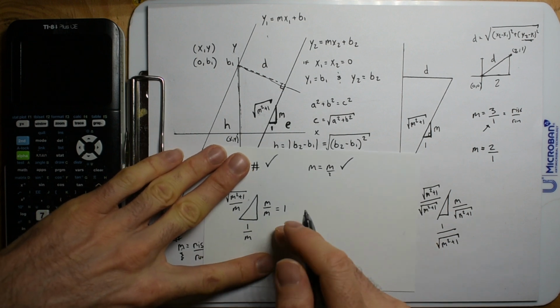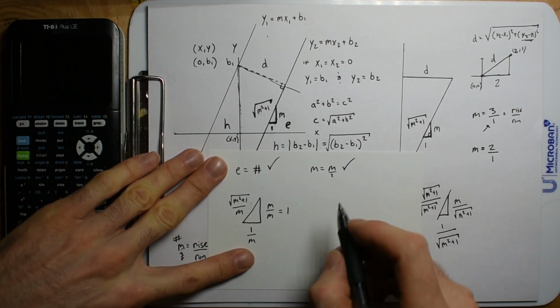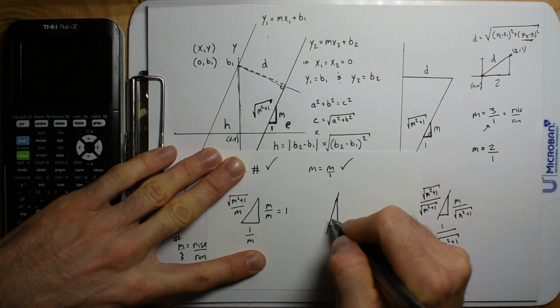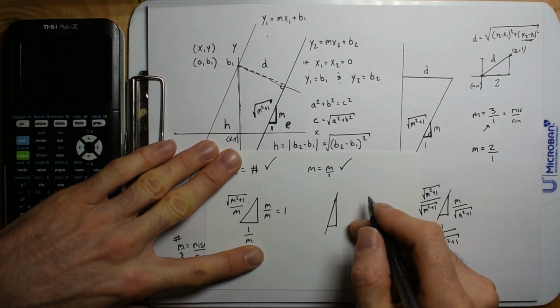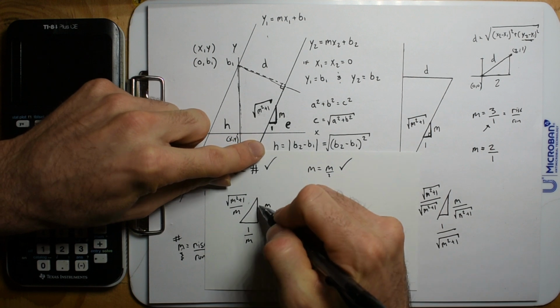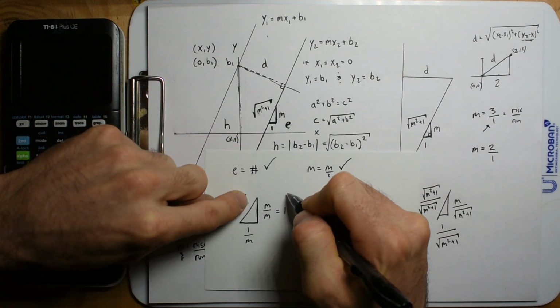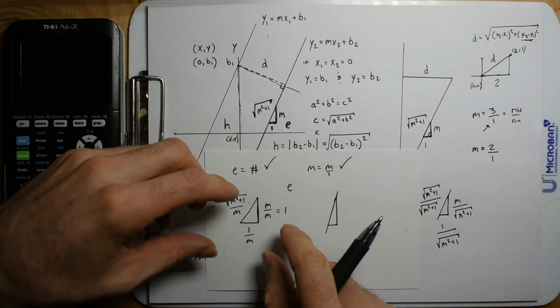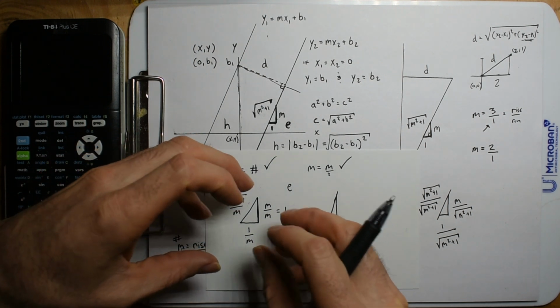Cool. So now I have this triangle. Now what I'm going to do is take, I don't know why I drew it a different shape, but I know this side is going to be E. This is a triangle that would have the same proportion.